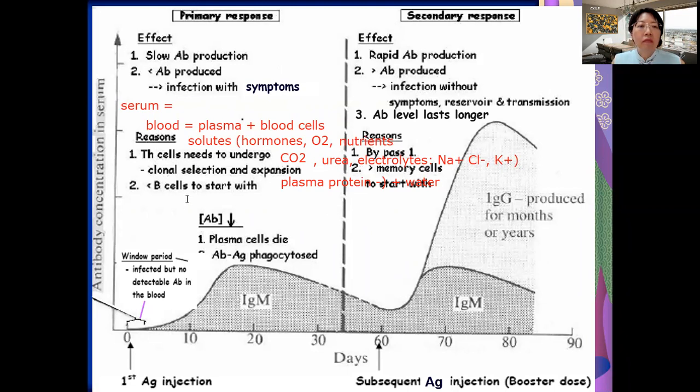What is it? Minus plasma protein. Plasma protein has so many types. Which type? It's only one of the different types of plasma protein. The fibrinogen. Yes, fibrinogen.